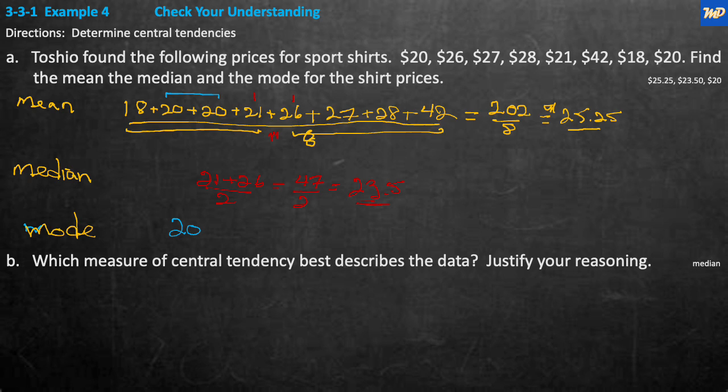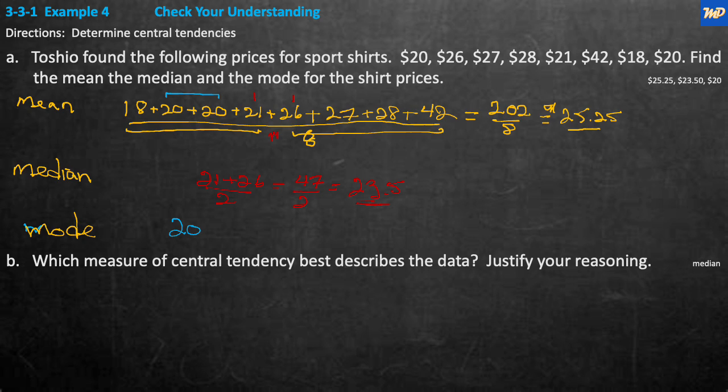So it says, which measure of central tendency best describes the data? Justify your reasoning. Well, we know from previously when we were studying and reviewing this section that the mean is most affected by outliers. If our data has an outlier, either large or small, that can affect our central tendency figure adversely.